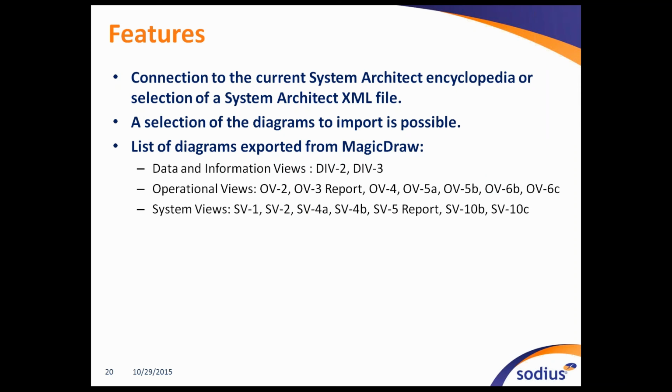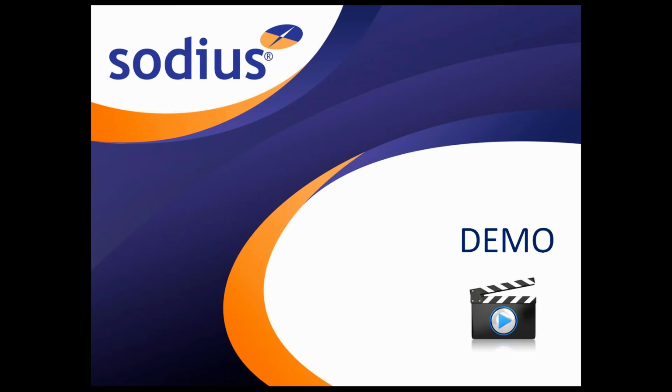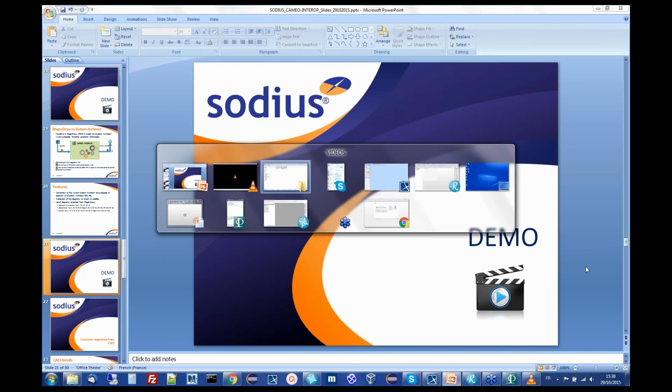And the system views are SV1, SV2, SV4A, SV4B, SV5 report, SV10B, and SV10C. I would like to show you also how it works.